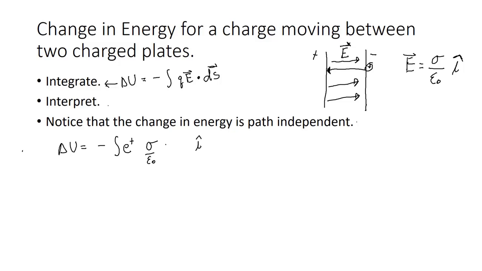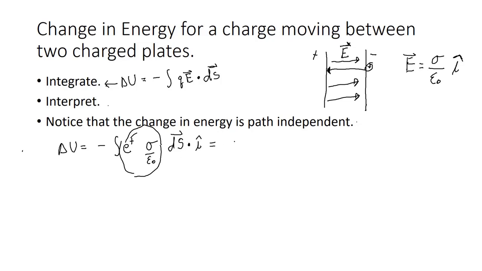And our displacement dot our unit vector in the direction of the field. So all of these terms are constant. We can move them out in front of our integral sign.